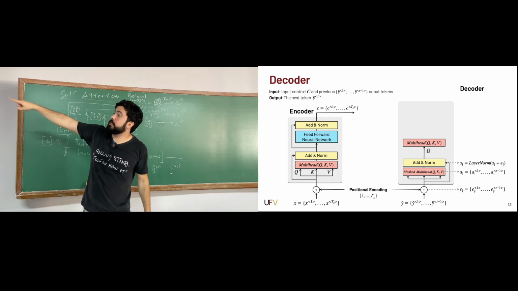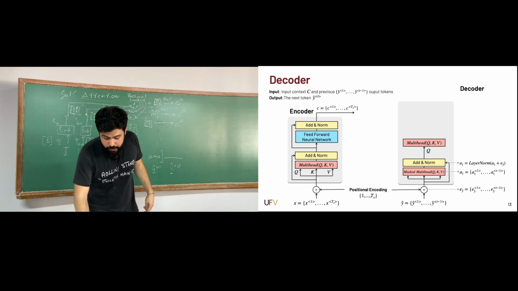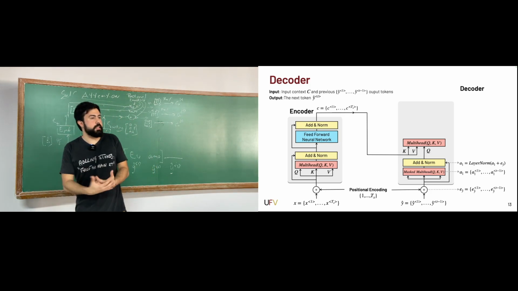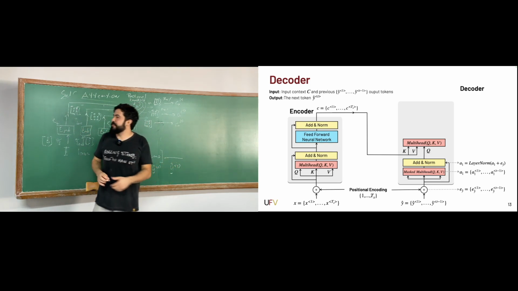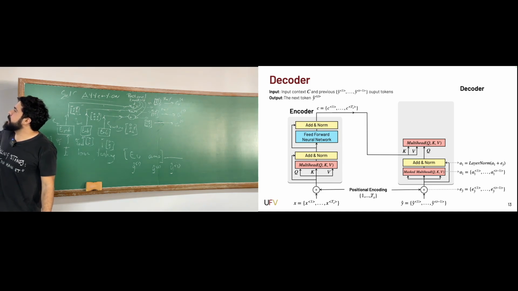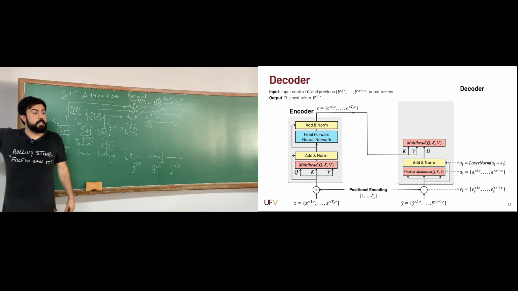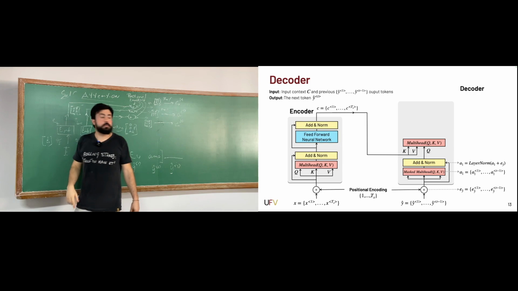So that multi-head attention layer in the middle is going to combine these two things and make what we call cross attention. Because the K and the V are going to come from the encoder, and the Q is going to come from the decoder.